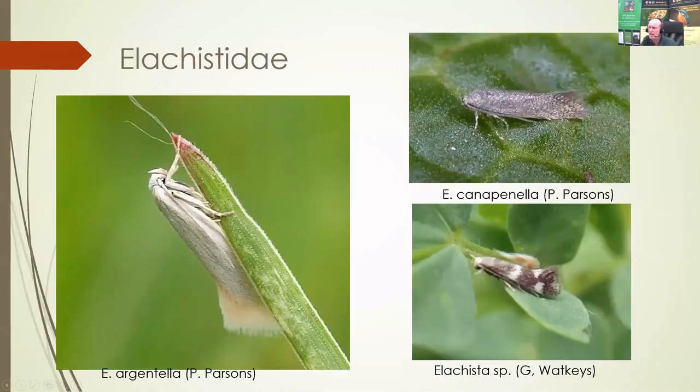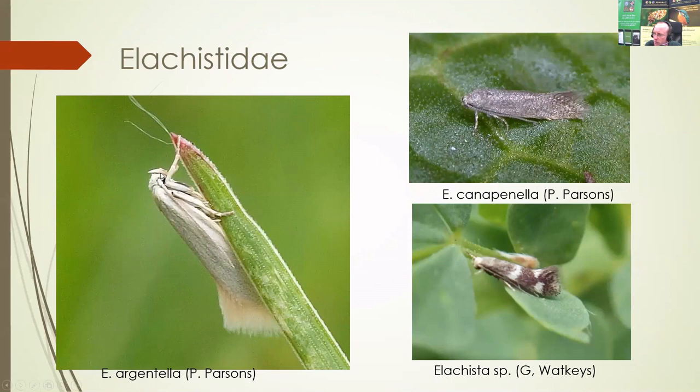The Gelechiidae are quite a tough group. There's 2 or 3 that are readily identified, but there's 40 odd species and most require dissection. Fairly characteristic resting posture with the wings sort of tentiform, and again the terminal cilia giving it this sort of tuft and making it look a similar sort of shape to the Tortricids that we saw earlier on.